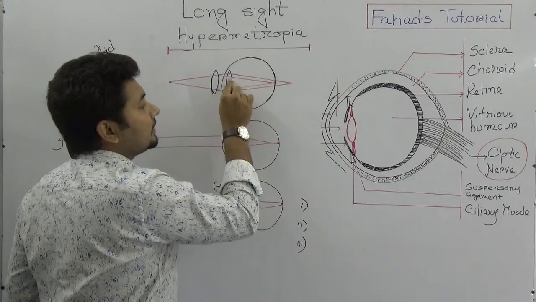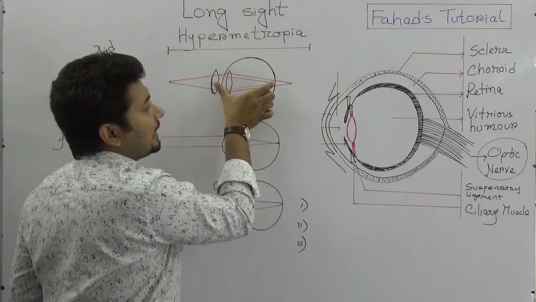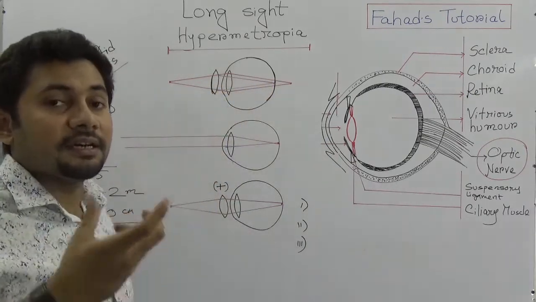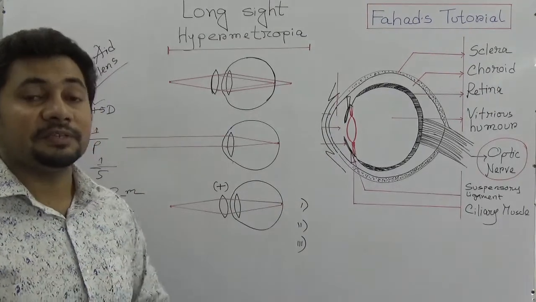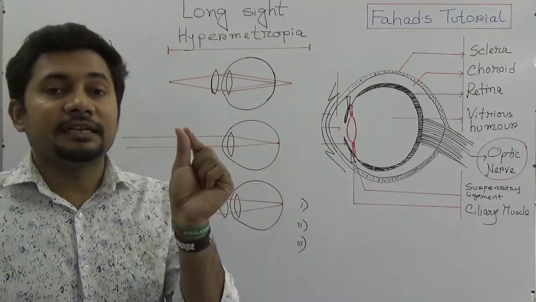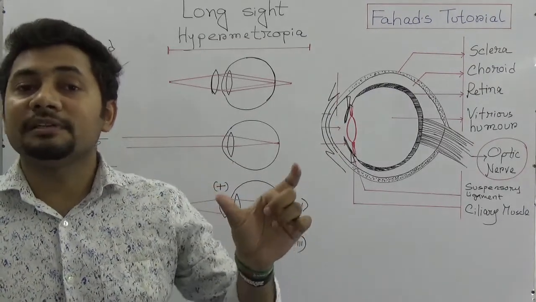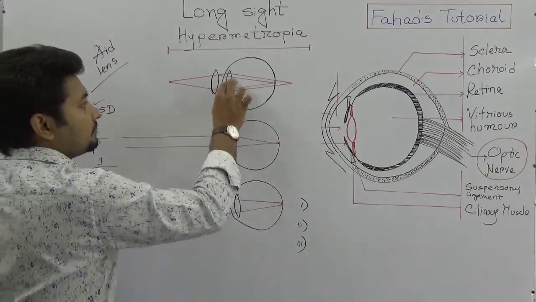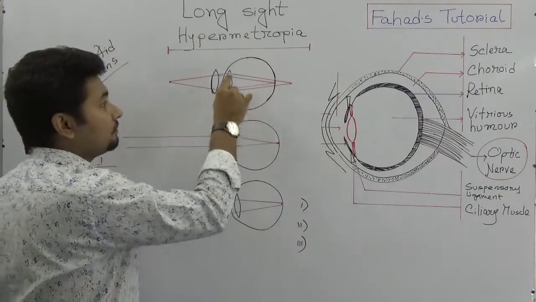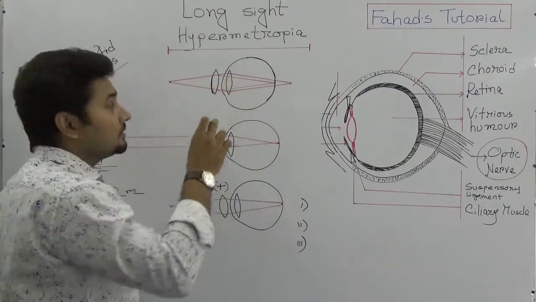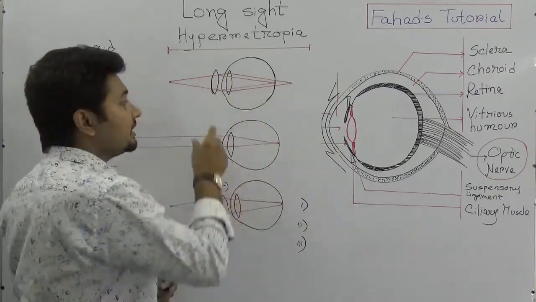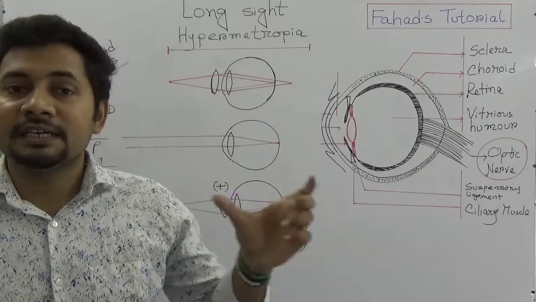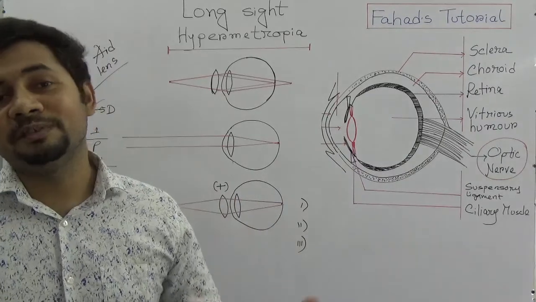You see that the cause of hypermetropia can be that the diameter of the eyeball is decreased. Number two reason is that the focal length of the eye lens is increased. When the focal length increases, then the power of the lens would be decreased.